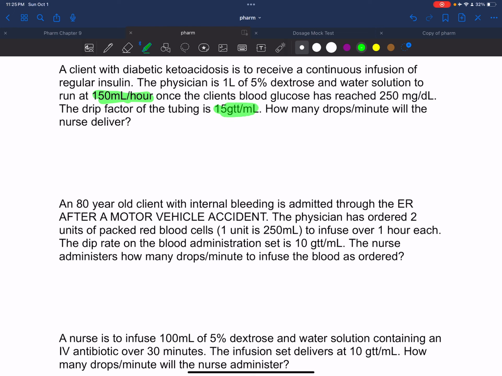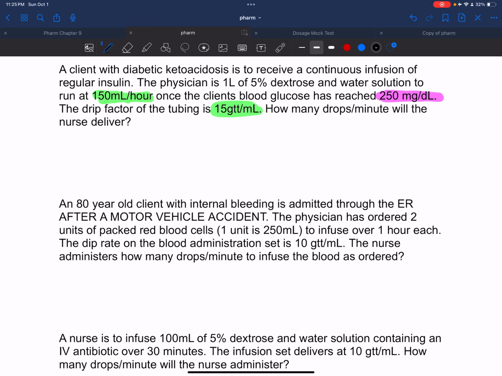So this is the important stuff here. This right here is fluff. This is fluff to trick you. So you're going to use the formula for infusion, which is amount per milliliter multiplied by amount of drops in milliliters over 60 minutes.